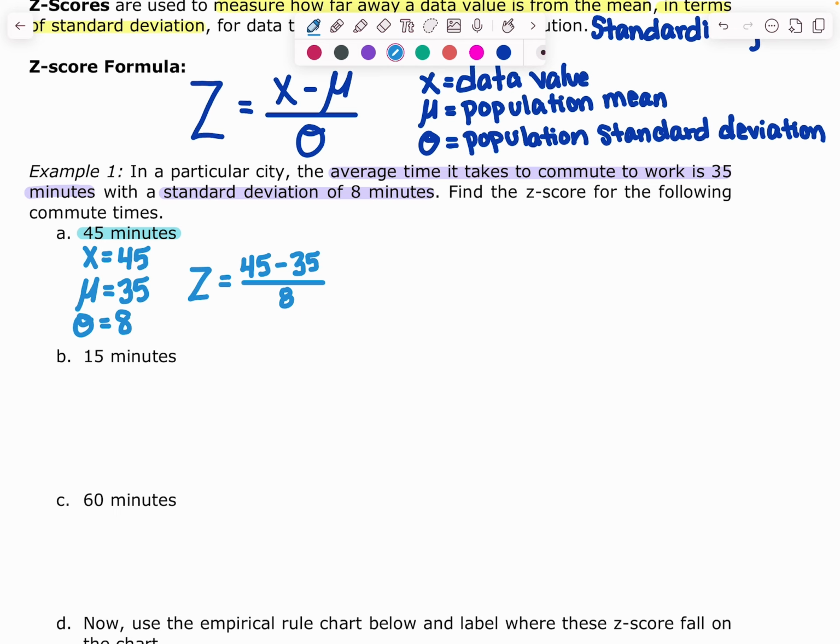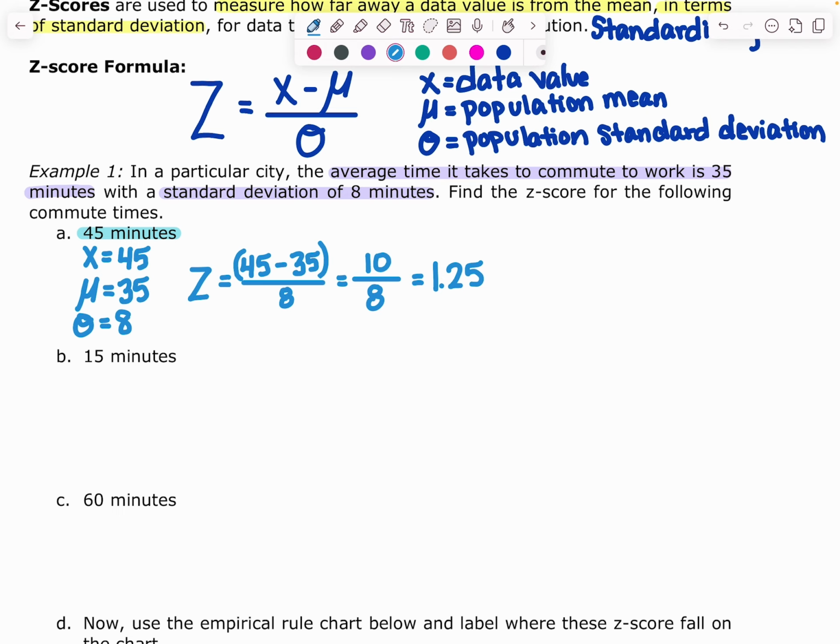Now I want to make sure when I do this calculation that I do the subtraction before the division. So I tend to throw the top part in parentheses just so that I remember that that piece comes first. And then I can also put it in parentheses in my calculator, and then I can type it in all at once and I will get the correct answer. If I don't want to do it all at once, I can separate it, and this would be 45 minus 35 is 10 divided by 8, and that gives me 1.25.